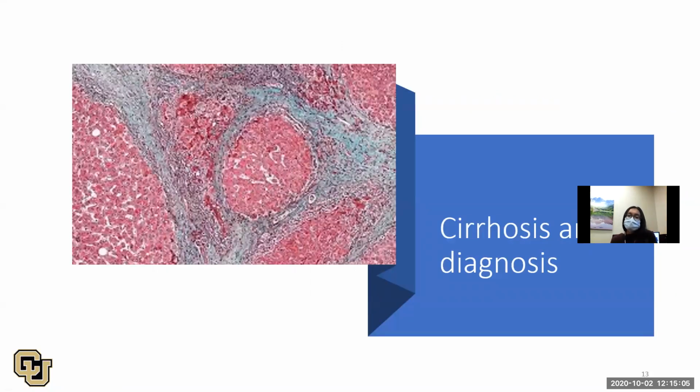So how do we make the diagnosis of cirrhosis? When I was making this talk, I asked myself that question and wasn't sure I knew the answer, because we just accept that somebody has cirrhosis a lot of the times. Biopsy is really the gold standard to diagnose cirrhosis, but not everybody needs it.